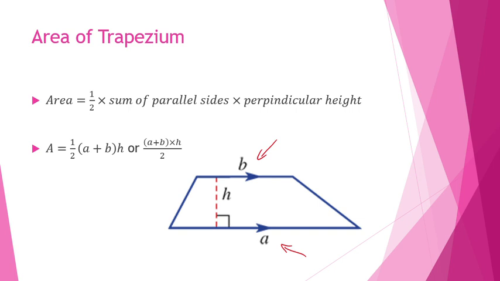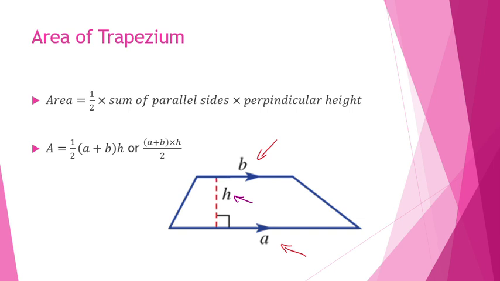They can also be different side lengths, so one can be smaller than the other. That's perfectly fine. What you're also given is the height. The height is a perpendicular line from the two parallel lines. As you can see from this red dotted line here, it's 90 degrees. They will typically give you how tall that is.